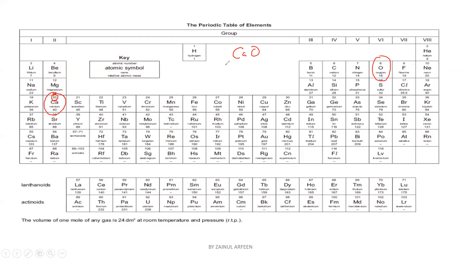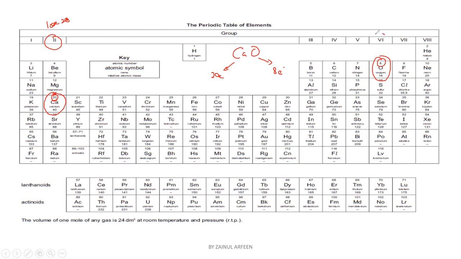So this 20 is representing the number of electrons in calcium. So there are 20 electrons in a calcium atom, and there are 8 electrons in an oxygen atom. But when they react with each other, how do they react? Because calcium belongs to group 2, calcium will lose 2 electrons.